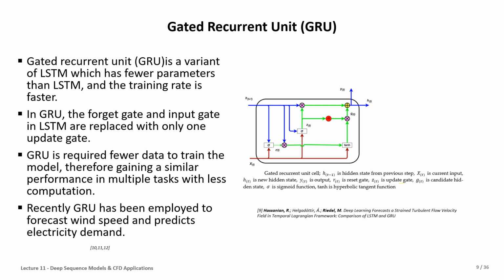It works the same as LSTM, but it has a simpler structure because the forget gate and input gate are replaced with only one update gate. From the literature and some applications, it is reported that it can work with fewer parameters than LSTM, and the training rate is faster because the structure is simpler, and it seems it could provide results the same as LSTM.